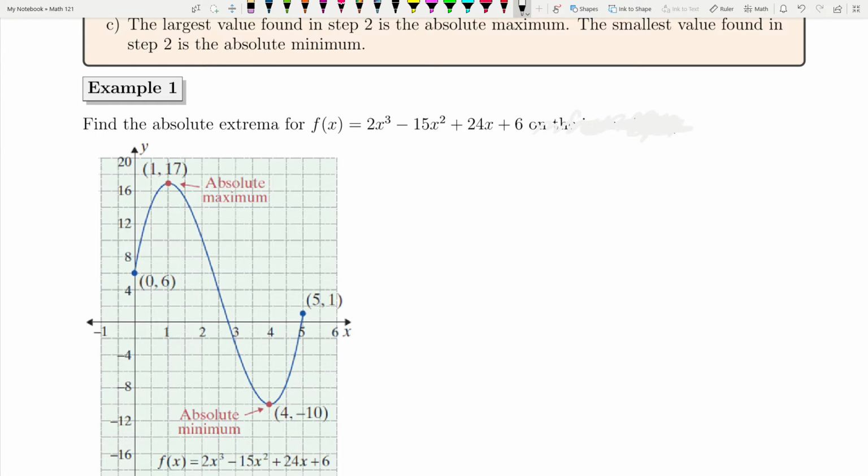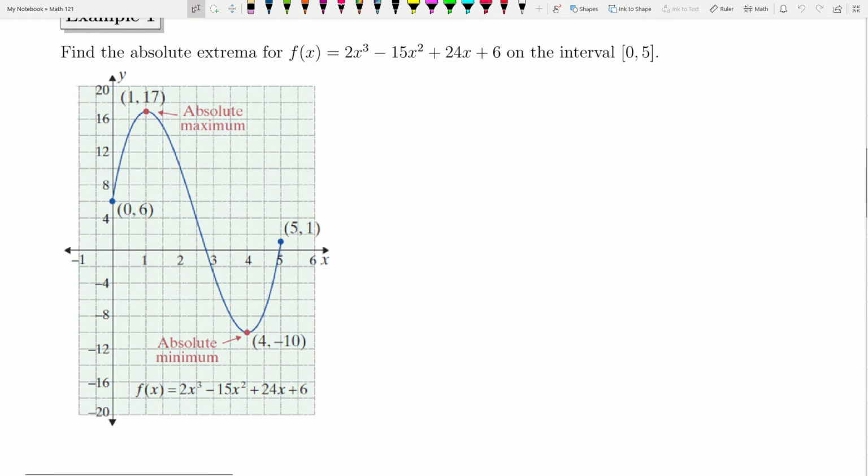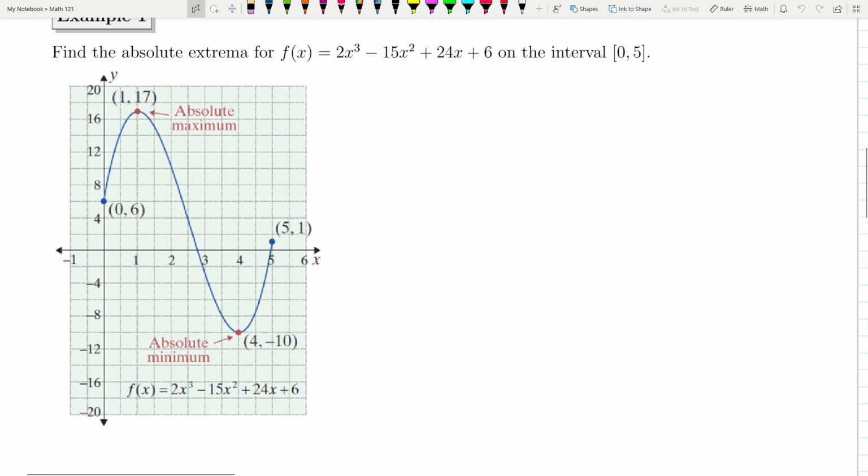In this case, it's restricted: we want to know between 0 and 5. The graph of the function is given right below, so you can see what the absolute max and the absolute min will be. But of course, let's do the calculus to show how this works.